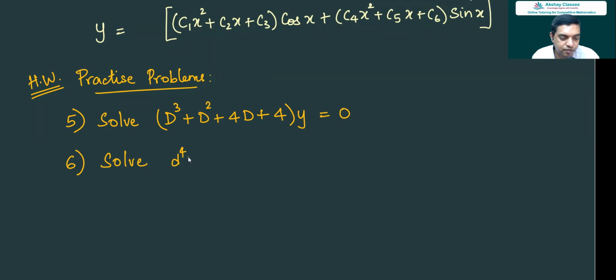D power 4 x upon dt power 4. So dependent variable is x, independent variable is t. So be careful what it is. So x will be a function of t.